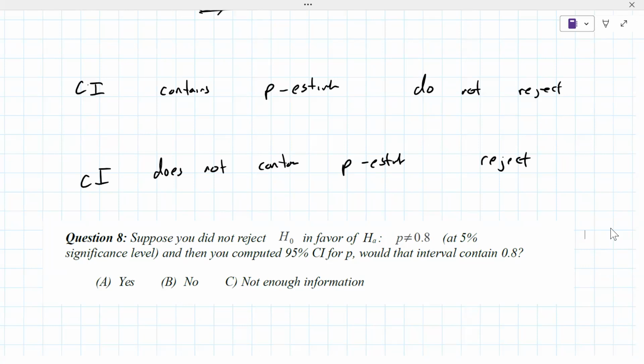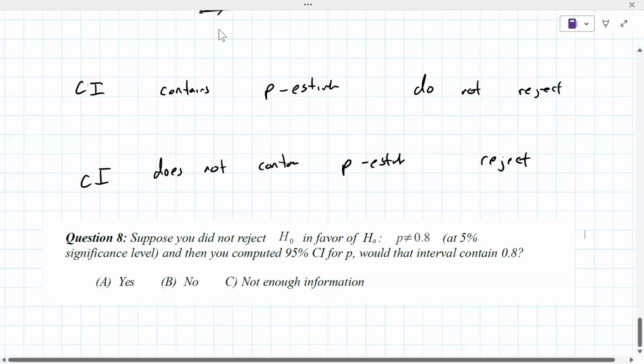Maybe computed. Maybe I'm overthinking it.